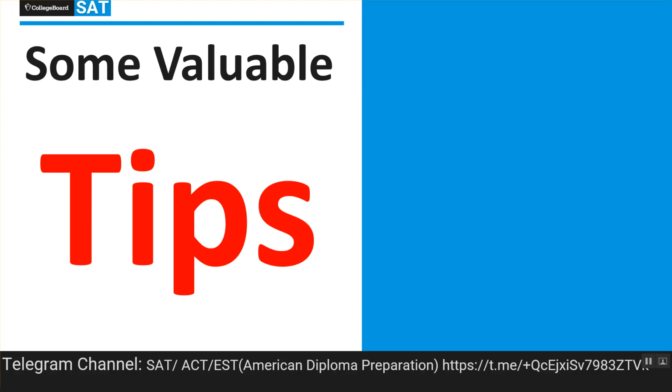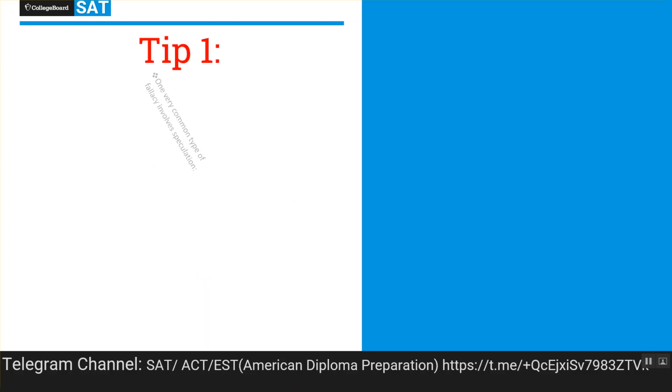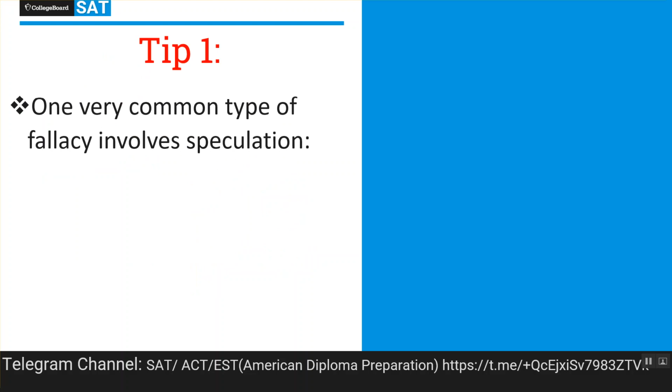Step 1. One very common type of fallacy involves speculation. What do we mean by speculation? Speculation here means a kind of guessing. You are guessing what is happening. You do not have evidence for your answer. So if it's just based on guessing, it's not actually a right answer.